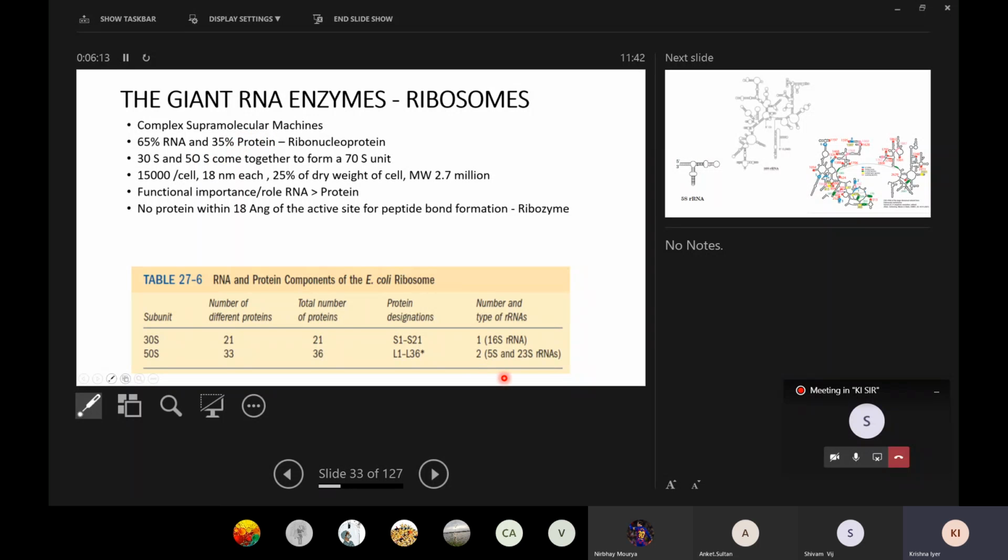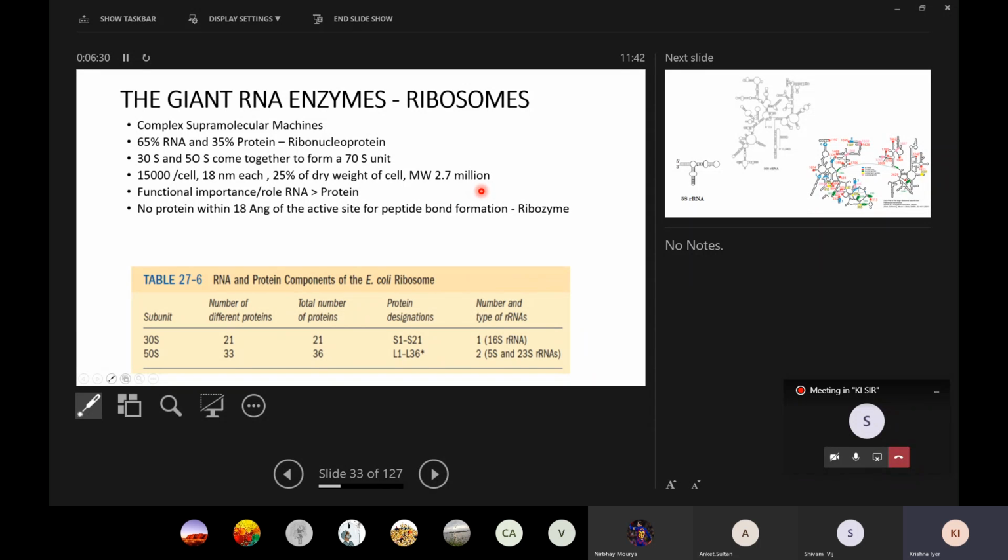Now, in bacterial or prokaryotic ribosomes, we find there are about 15,000 per cell when the cell is actively making protein. They are about 18 nanometers, and their molecular weight is extremely high, 2.7 million.